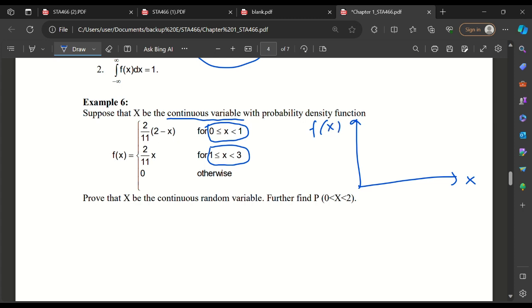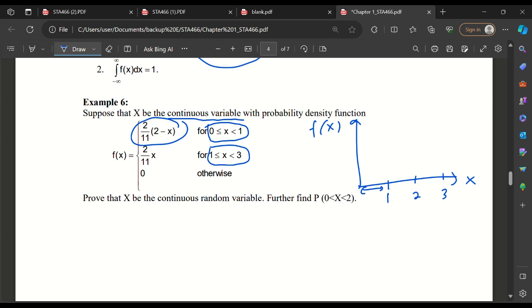So untuk 0 to 1, let's say here 0, 1, 2 and 3, dia punya graph will belong to 2 over 11 multiplied by 2 minus x. Okay, so ini will be the straight line jugalah, sama ada dia decreasing ataupun increasing.